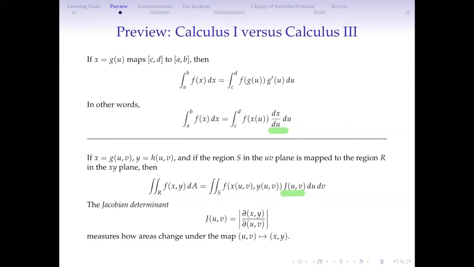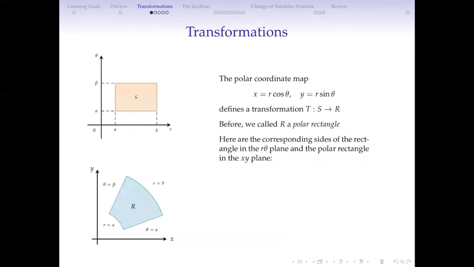You don't know how to calculate it yet, but we will. And what it measures is how areas change in this map from U and V to X and Y. So there's a very precise analogy between this one variable version of change of variables, U substitution, and what we're about to do today. The first thing I want to do is introduce the notion of a transformation.